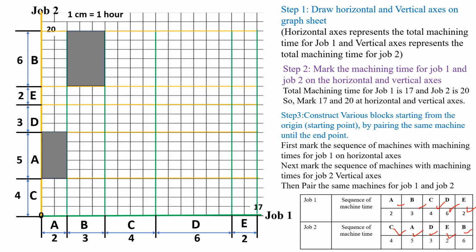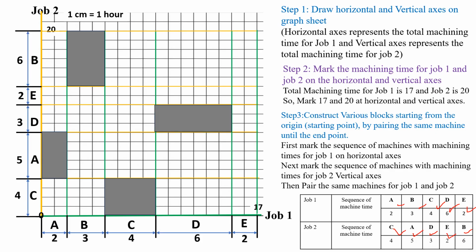So this is for the machine B on job 1 and job 2, and this is for the machine C, and this represents the machining time for job 1 and job 2, and this is for the machining time for job 1 and job 2 on the machine D. This represents the machining time for job 1 and job 2 on the machine E.